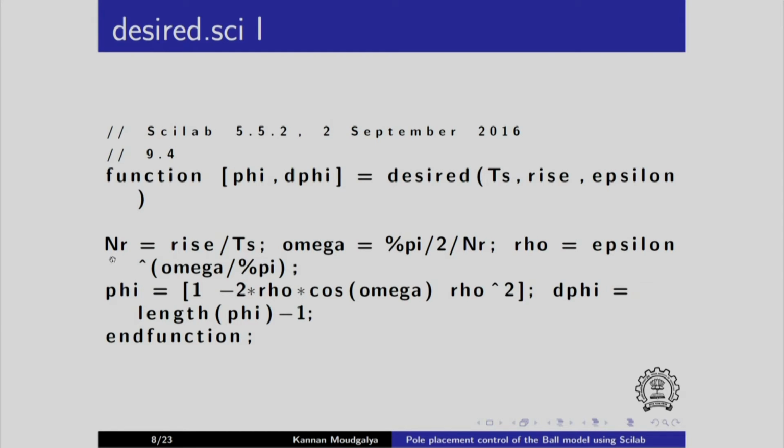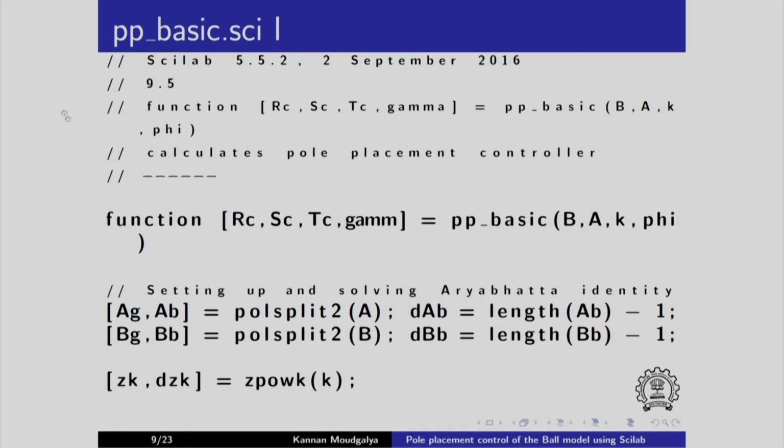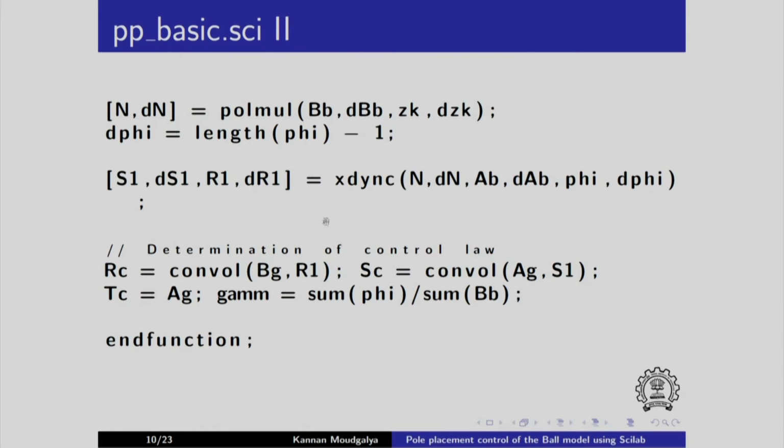You can see that I calculate nr, phi, omega, epsilon and so on. And then the other important function pp_basic, which splits the polynomial a into good and bad, similarly for b and so on. And then it calls the xdync function and gets S1 R1.